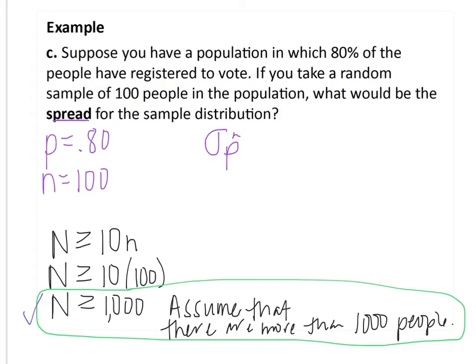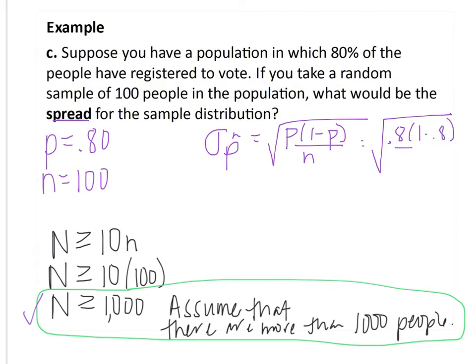So since we assumed this and we checked that condition off, now I can find the standard deviation of p hat, which is the square root of p times 1 minus p over n. Well, that would be the square root of 0.8 times 1 minus 0.8 over 100.